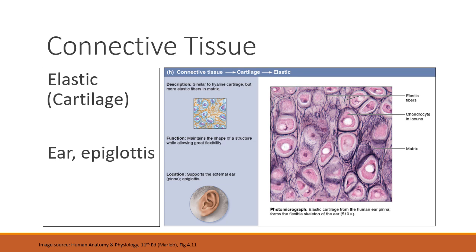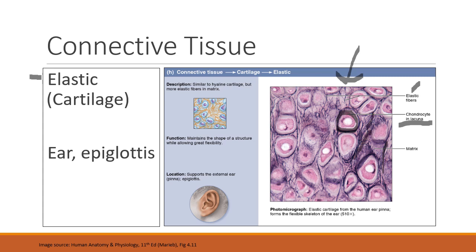You can also have elastic cartilage. So this kind of looks a little funny, doesn't it? But similar to the hyaline cartilage, you have these chondrocytes in the lacunae, right here, you see that? But instead of that pink matrix, there are additional elastic fibers in there, and that's what these little dark purple lines are.